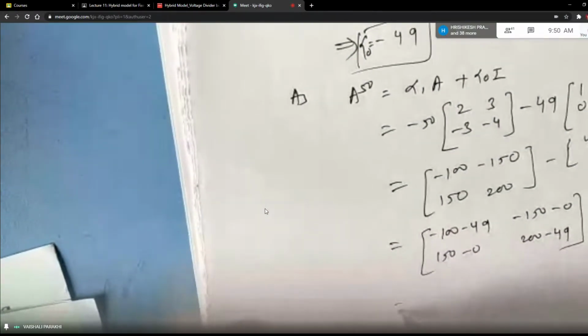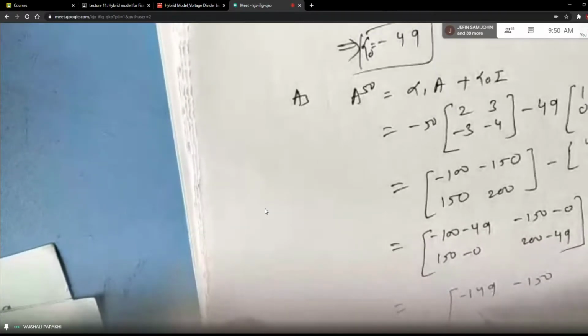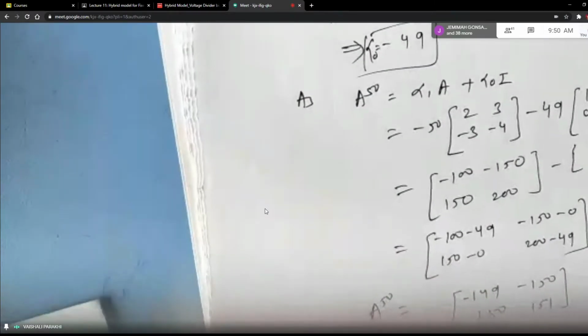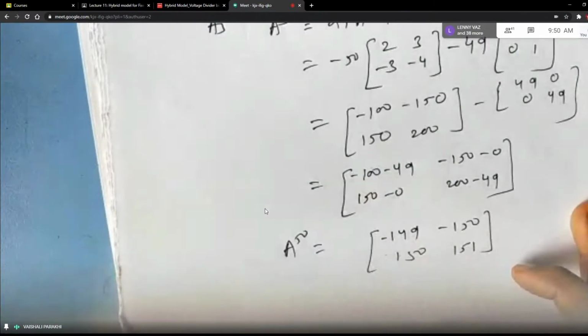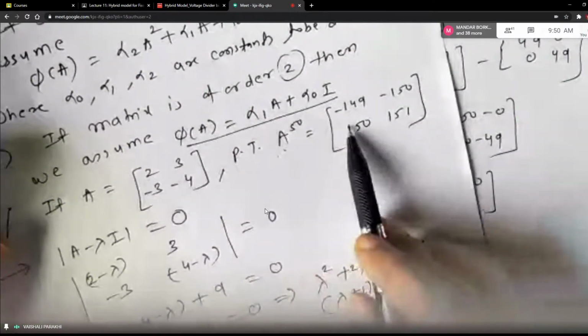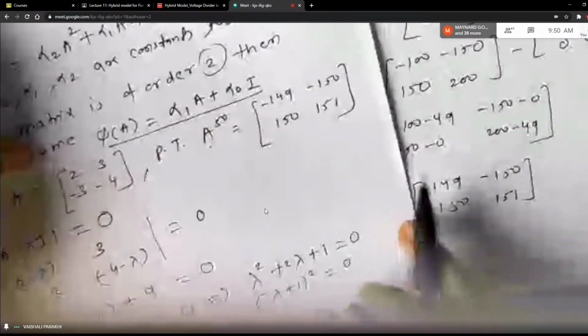Correct? And it gives you minus 149, minus 150, 150 and 151. And isn't it the required right hand side which is asked to prove, students? Check in the problem. See, prove that A raised to 50 is equal to minus 149, minus 150, 150 and 151. So we got this.